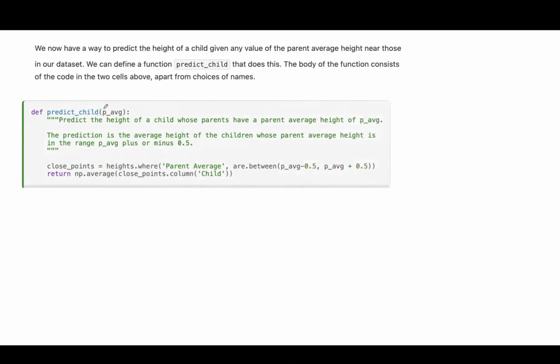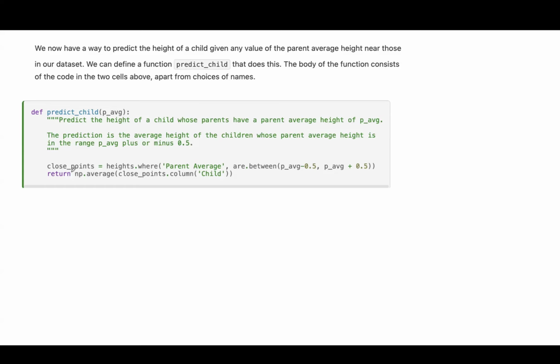We're going to pass in p average. So this function predicts the height of a child whose parents have a parent average height of p average. The prediction is the average height of the children whose parent average height is in the range p average plus or minus that nearby value, which we agree to be 0.5 inches.